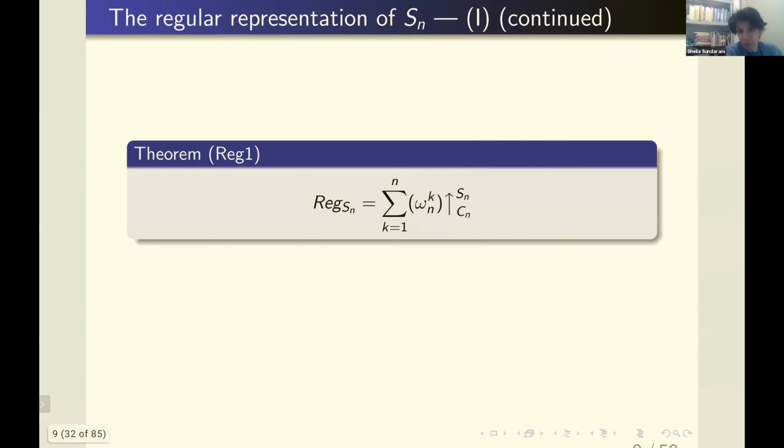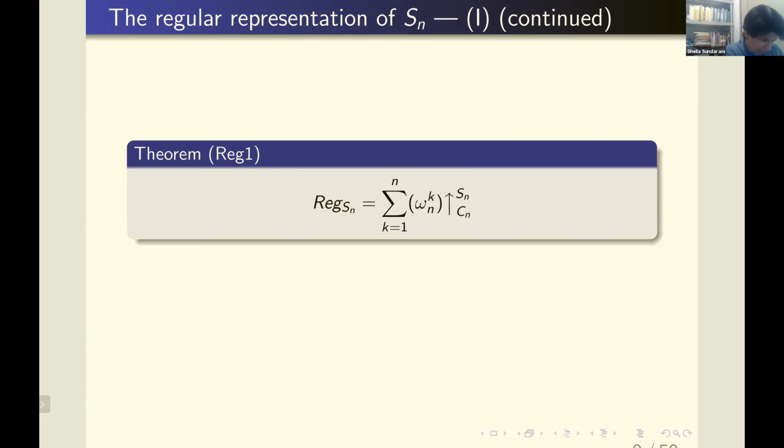So here it is, just by inducing up. The regular representation of Sn decomposes into a sum of induced modules, and every summand is a one-dimensional character induced from the cyclic subgroup.